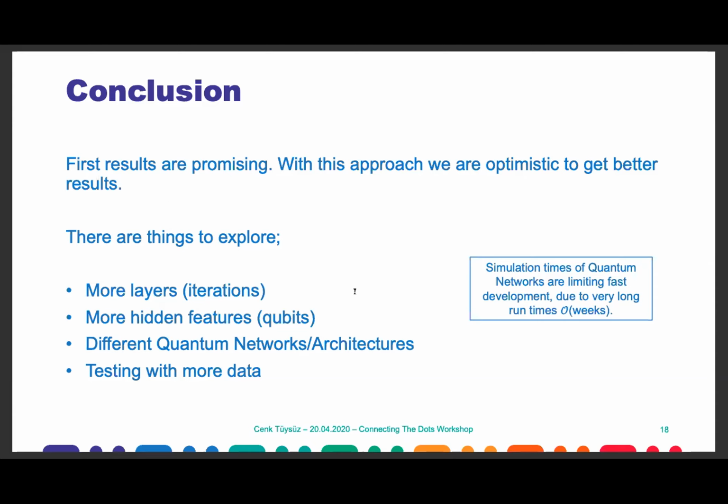But these are all stacking up because the simulation times of quantum networks are very limited. And the results I showed you took up to maybe a month, which really prevents us from debugging the network quickly and doing fast development.